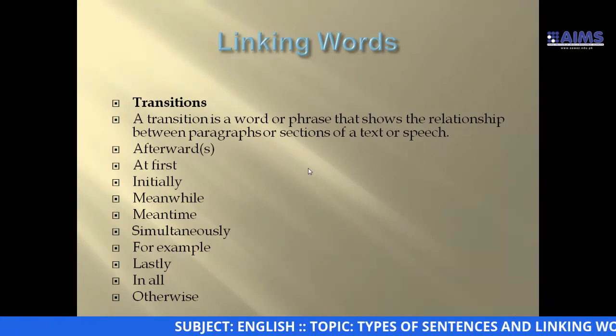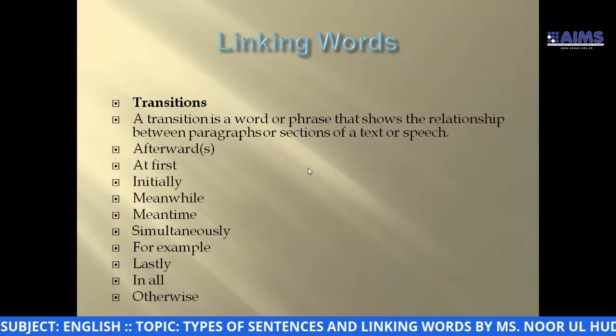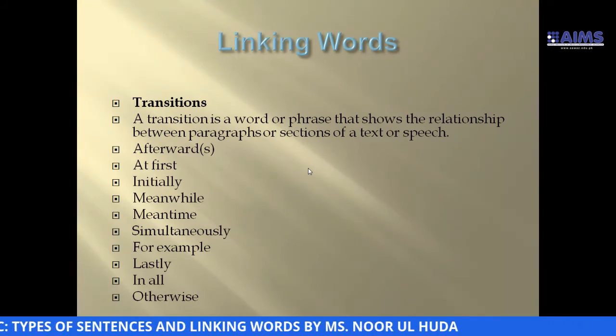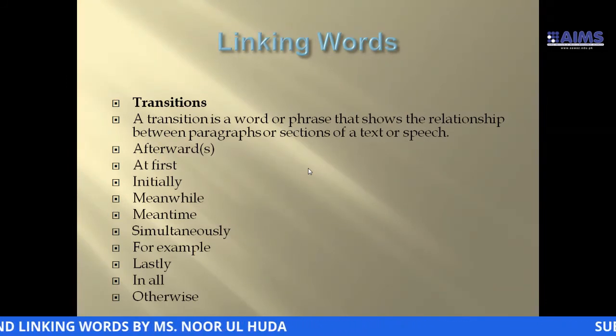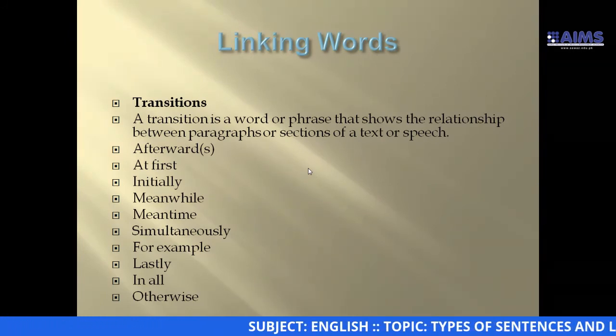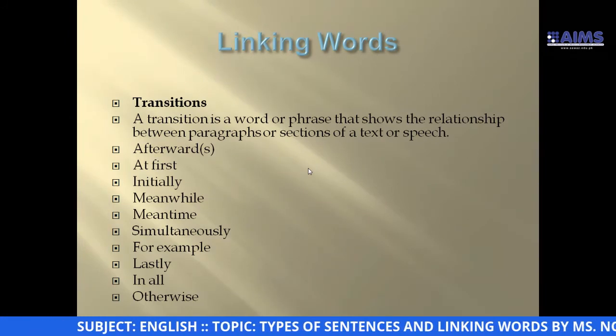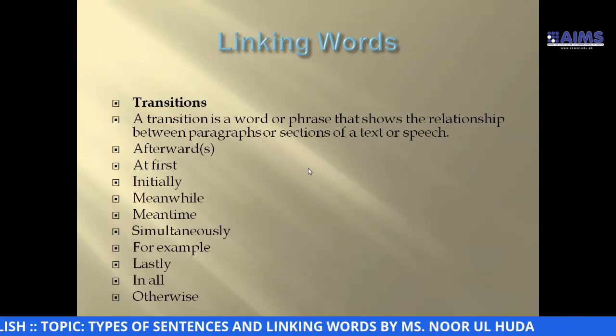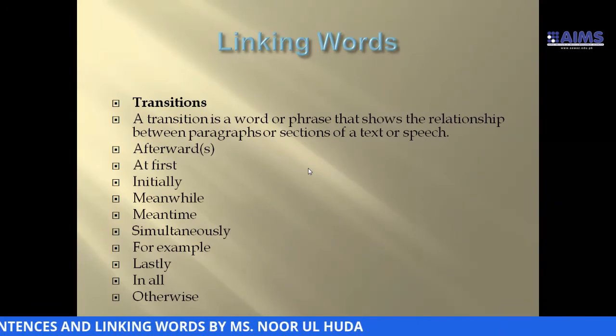And this link gives a good image to one's writing. If you are able to compose a writing by using appropriate linking words, it means your writing has coherence and cohesion in it.